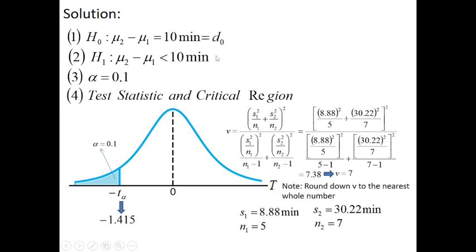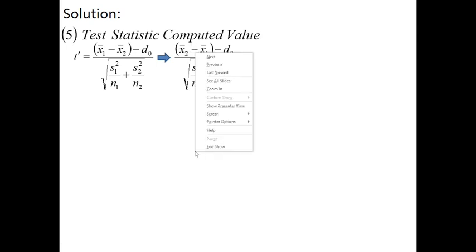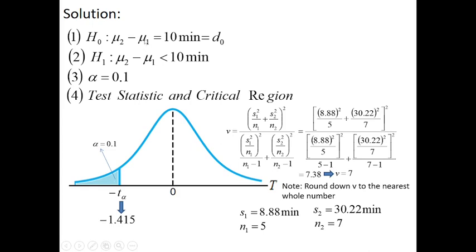And then take note that this is d sub 0. Mu sub 2 minus mu sub 1 equals 10 minutes. So the test statistic computed value, we'll solve for t prime. As you notice, x sub 1 bar minus x sub 2 bar becomes x sub 2 bar minus x sub 1 bar. So our reference is our null hypothesis, mu sub 2 minus mu sub 1.